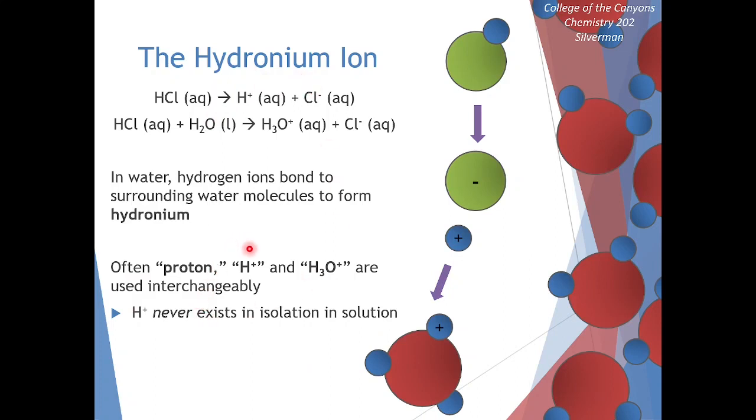We can use these interchangeably, H+ or hydronium, or even just calling this a proton, because that's what an H+ ion actually is: one proton, no electrons, no neutrons. The reality is that we have hydronium, but sometimes you'll see us use H+ as a shorthand.